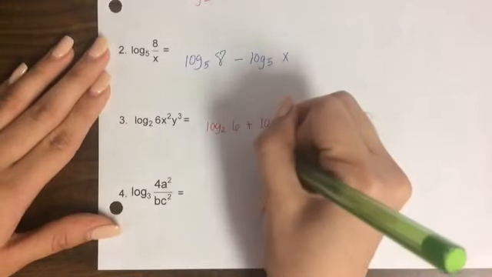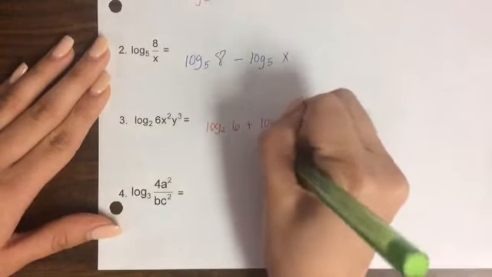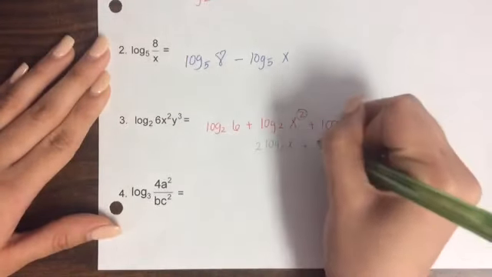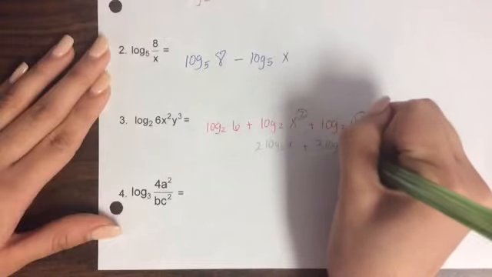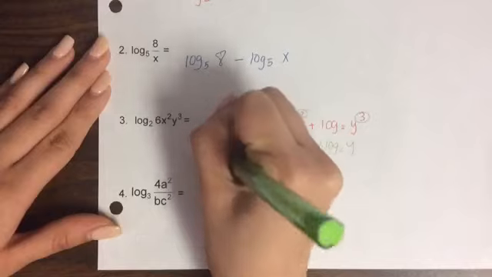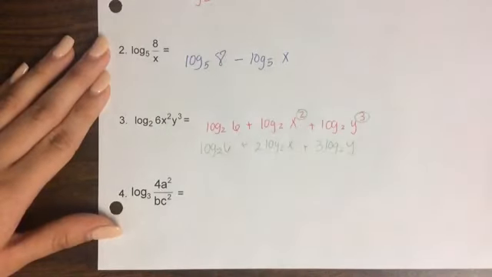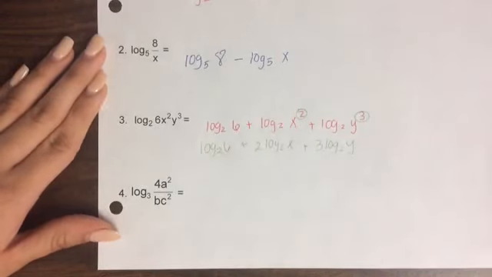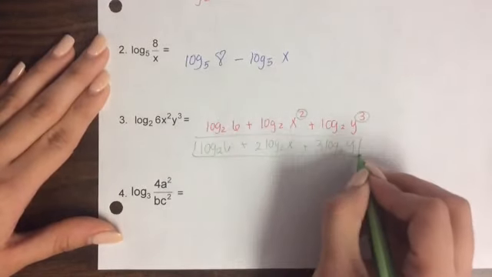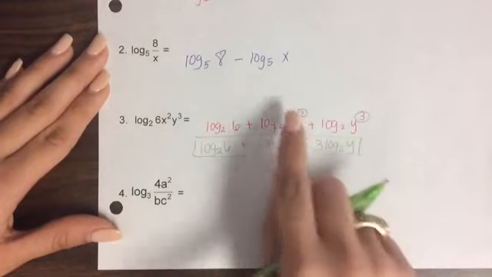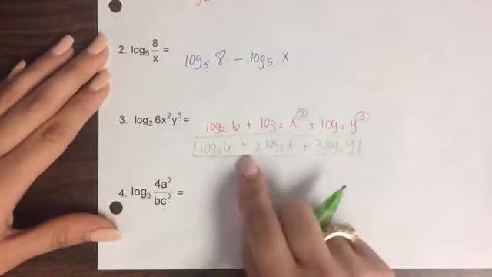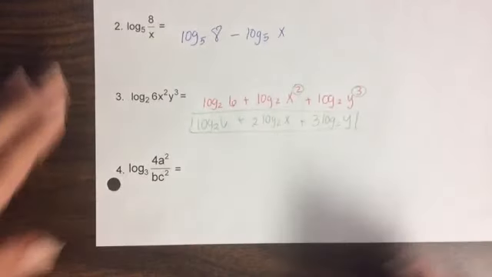So the way it's going to look is 2 log base 2 of x plus 3 log base 2 of y. That's it. I'm going to rewrite over here the first one. And that's it. This is my answer, the second one. This is it completely expanded. I don't want to leave it like this one because I have these exponents up here that I want to make sure are converted into the proper k.